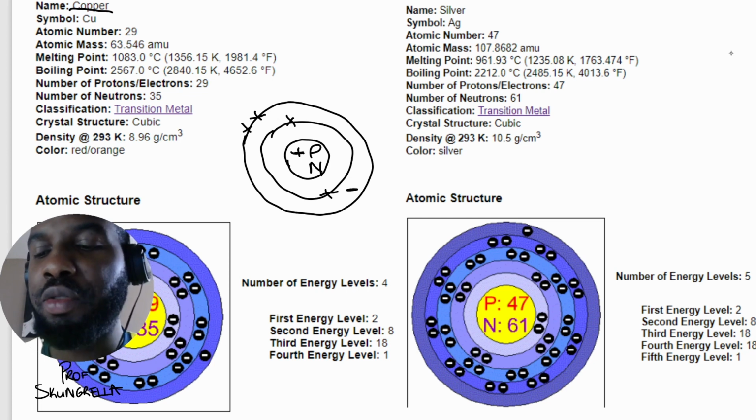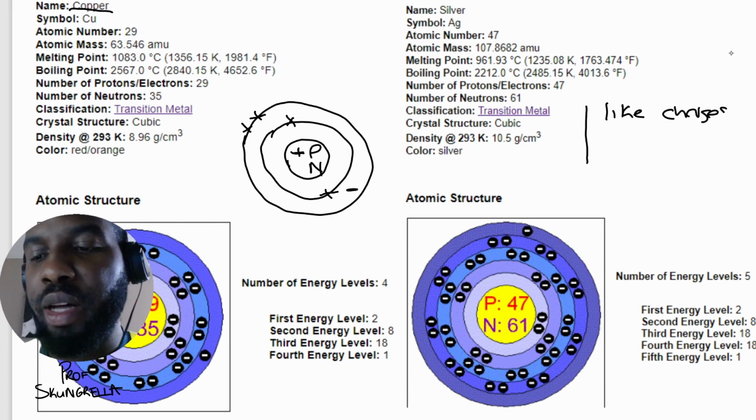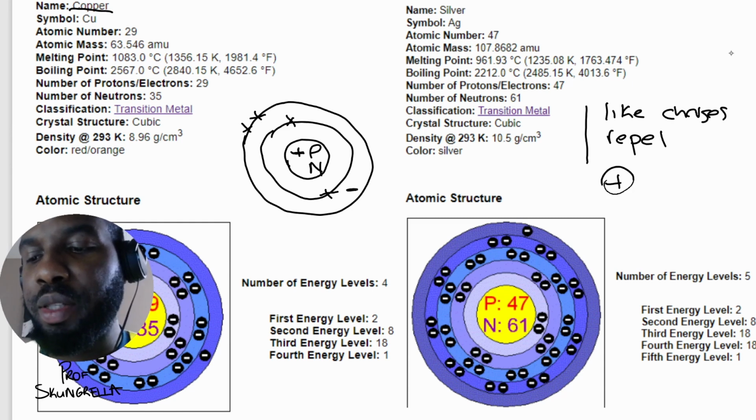So for the laws of charge, just like a magnet, this is the law that we need to keep in mind: like charges repel, and unlike charges attract. So if I put a plus and a minus here, we know that we have an attraction, right?